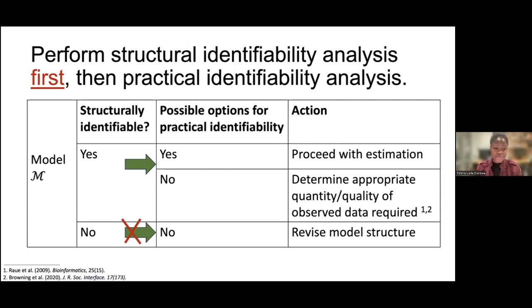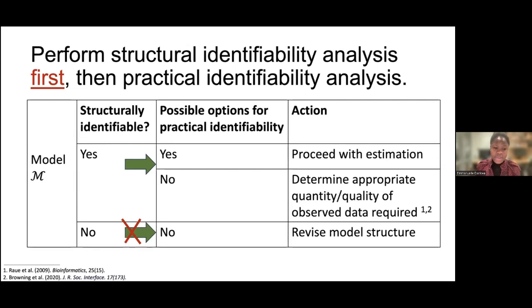Now, to the last row in this table, when the model is not structurally identifiable, the model is also not practically identifiable. And as I've said, think about it in this way. If in theory, assuming perfect data, which we know hardly exists in reality, we cannot identify a parameter, then we certainly cannot do that when we have actual data.